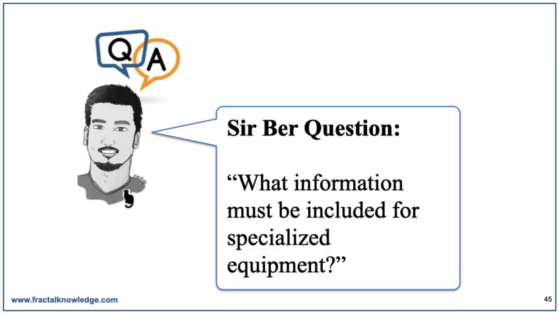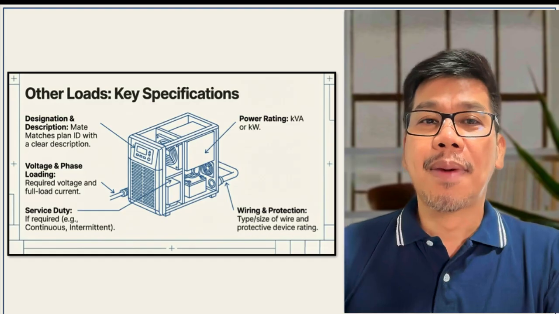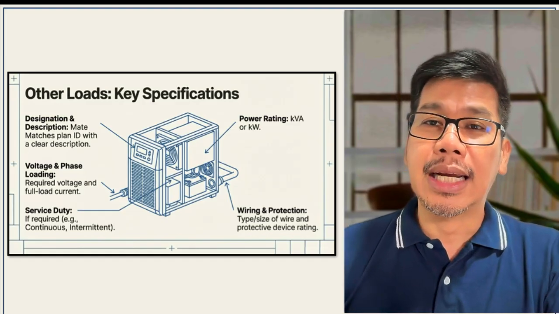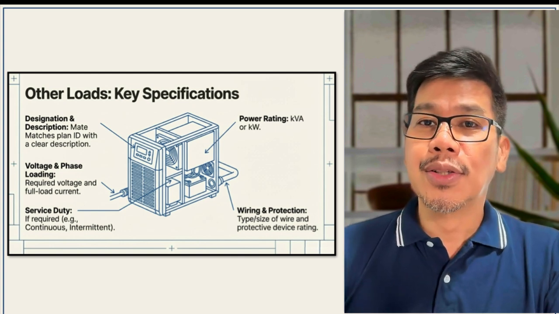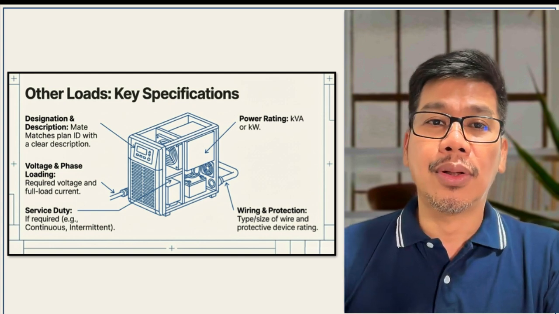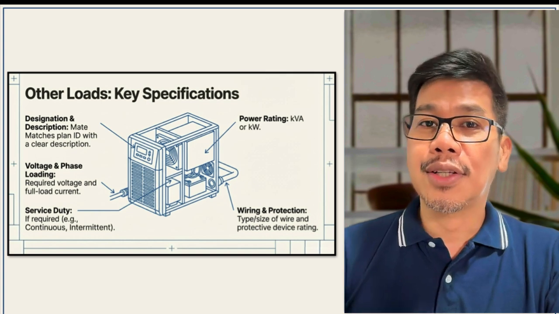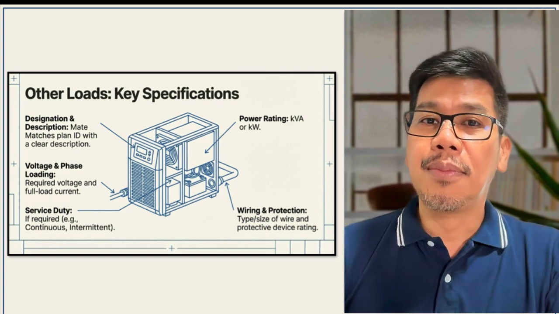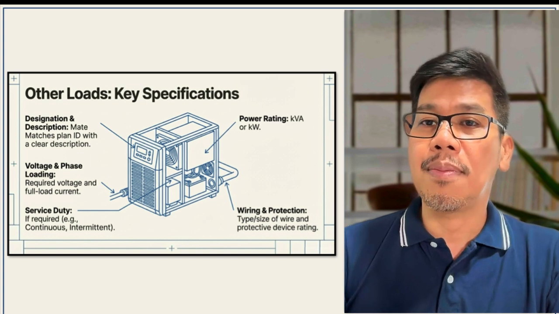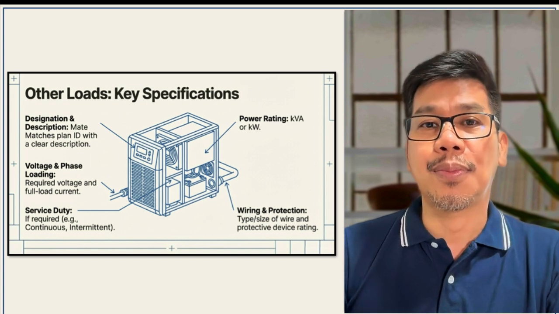Next tanong, what information must be included for specialized equipment and where to get it? Specialized loads must include a clear description and designation number. The schedule must also show the power rating, voltage rating, phase loading, service duty, and wiring protection. This information ensures that the equipment receives the correct electrical supply.